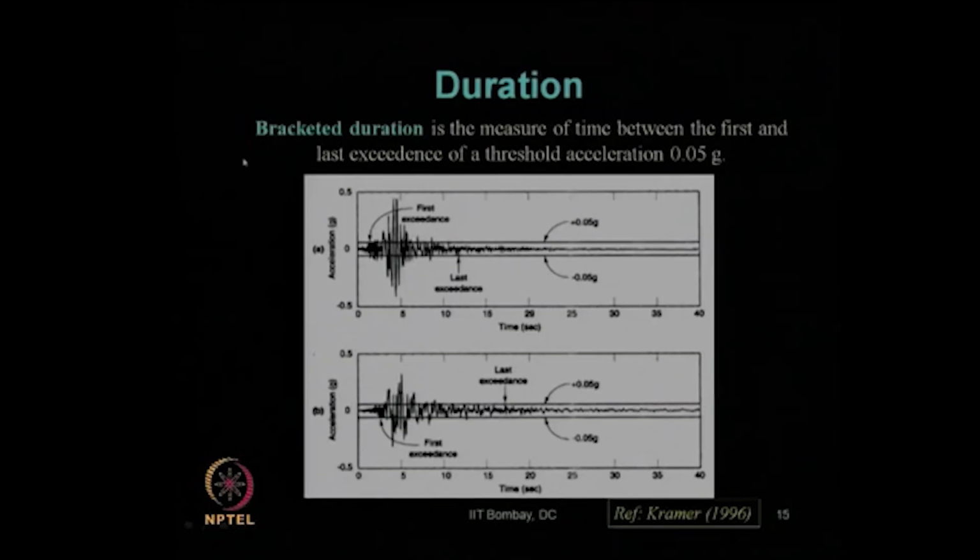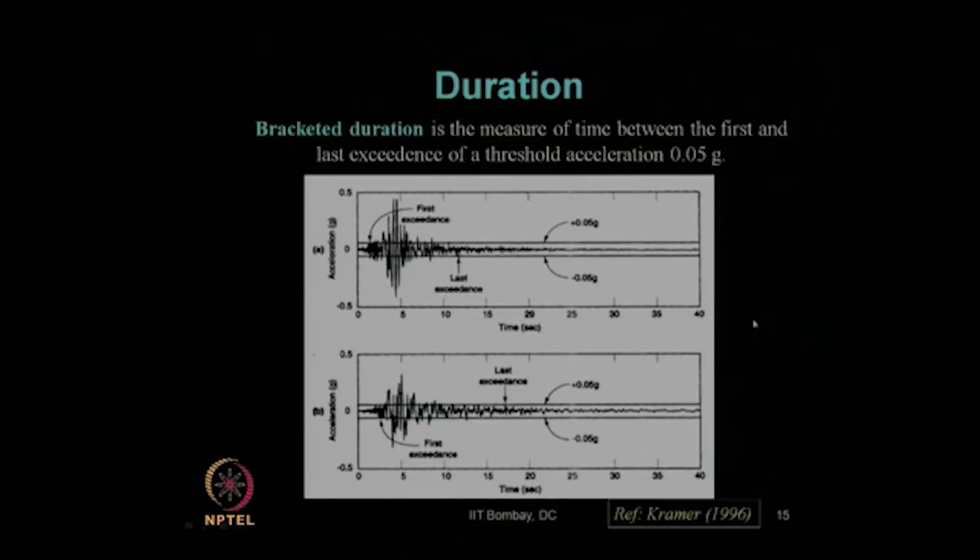And for engineering design, another important duration parameter is the bracketed duration, which considers the time duration where earthquake acceleration is more than the minimum or threshold value of acceleration which causes damage to structure, which is 0.05 g. So, that is the time or duration which is known as the bracketed duration. With this, we had completed our previous lecture.